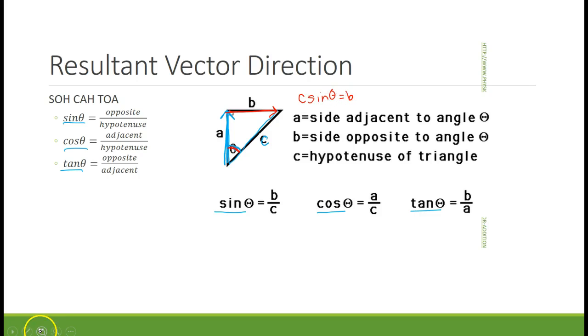And then for the blue piece, the y piece, that's going to be c cosine theta equals a. Okay? You can also use this to go the other way. If you have pieces, you can use that to find the angle as well, which we'll look at in just a second.